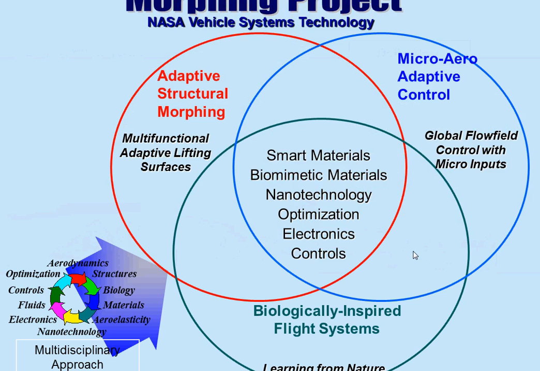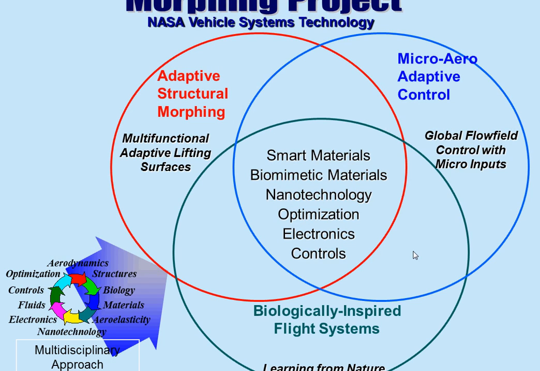The idea of the morphing project mixes several technologies. For example, the idea of adaptive structural morphing technologies means structures that actually change shape.